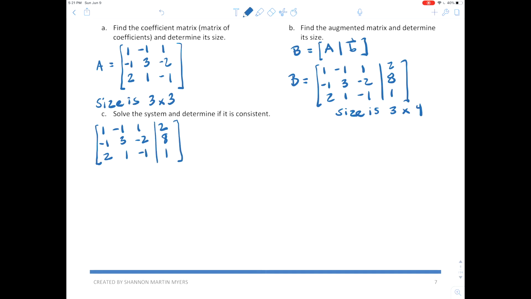And we're actually going to go through and solve this system. And this matrix we decided to name B, okay? Well, what we're going to do is do these row operations so that we get a matrix which is going to be equivalent. And that equivalent matrix will be in row echelon form. And then we'll be able to back substitute and solve the system. Are you ready? Okay, so here we go.